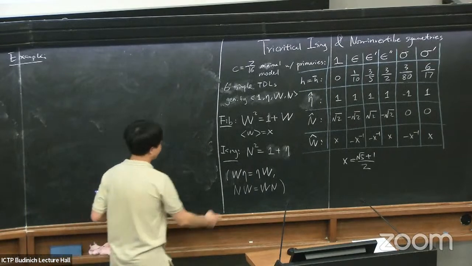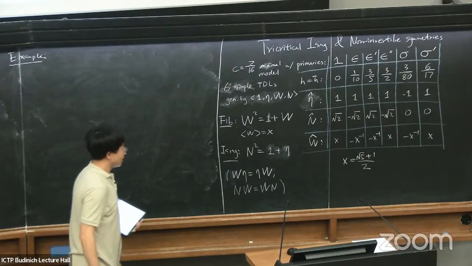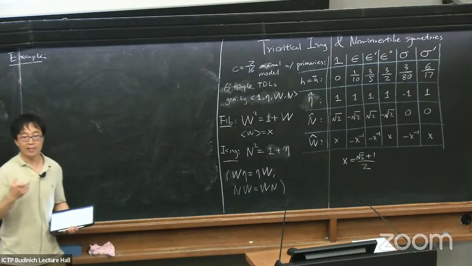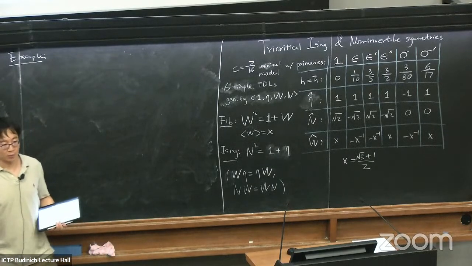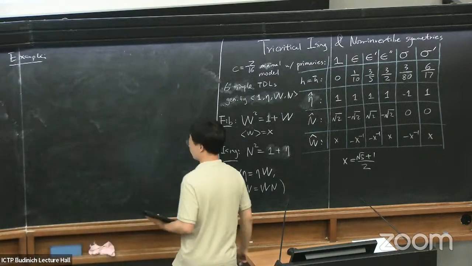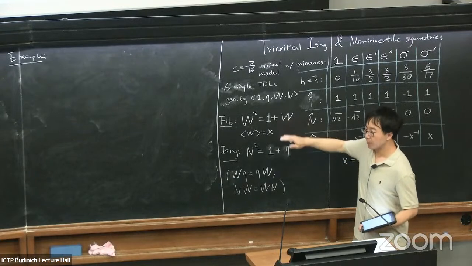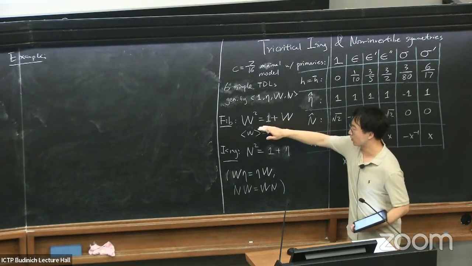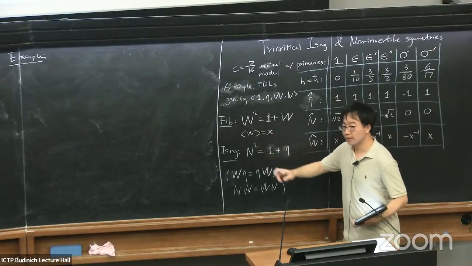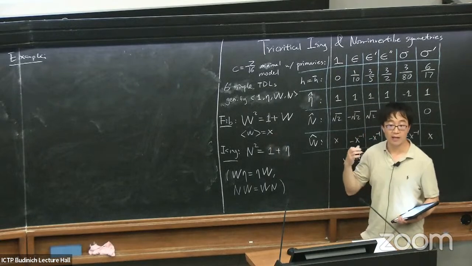And the Ising category also appears in this tricritical Ising CFT, and this is correlated with the fact that, similar to the Ising CFT, the tricritical Ising CFT also has the Kramers-Wannier type duality. It's self-dual under Z2 gauging. But what's important about these particular subcategories generated by the topological defect lines W and N is that their VEVs are non-integral.